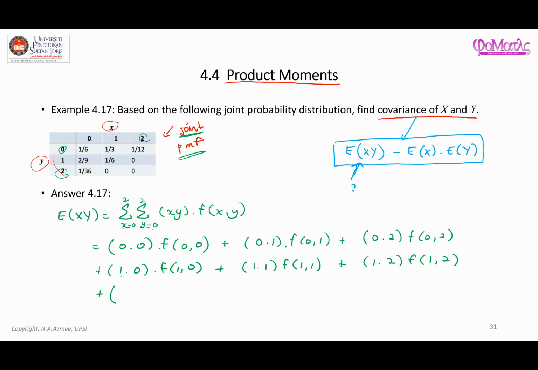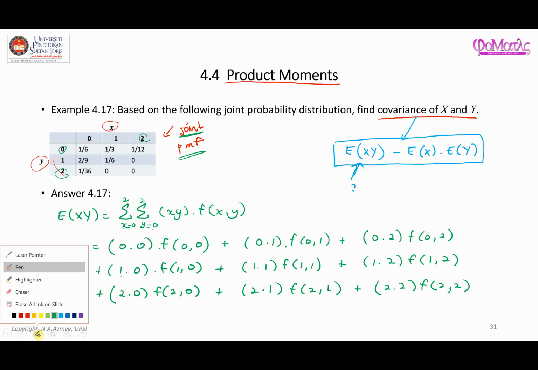Now we have 2 times 0, f(2,0), plus 2 times 1, f(2,1), and then 2 times 2, f(2,2).